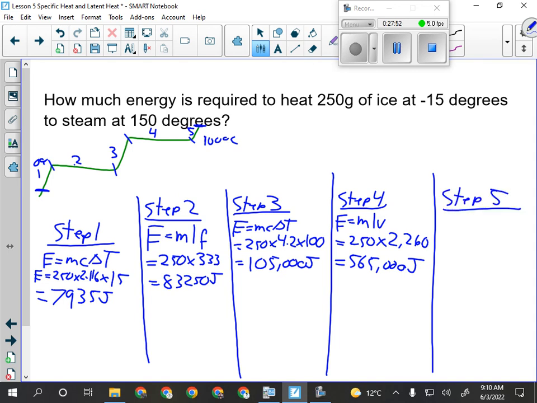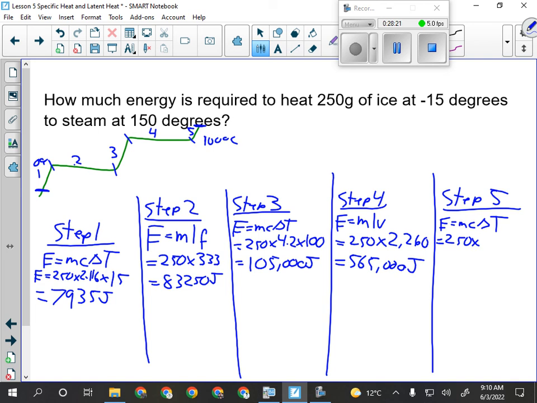After step 4, I now have water vapor at 100 degrees Celsius. If I keep adding heat, it's going to get warmer. Its temperature is going to change. So what formula do I use? MC delta T. I plug in 250 grams, because that doesn't change.